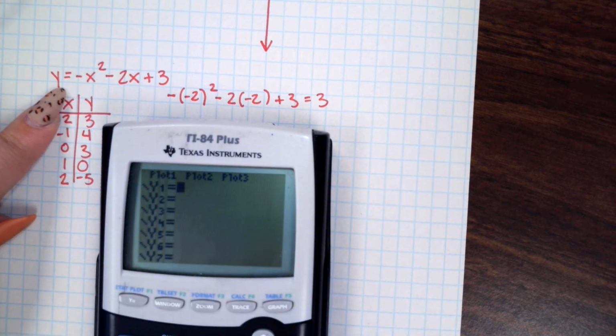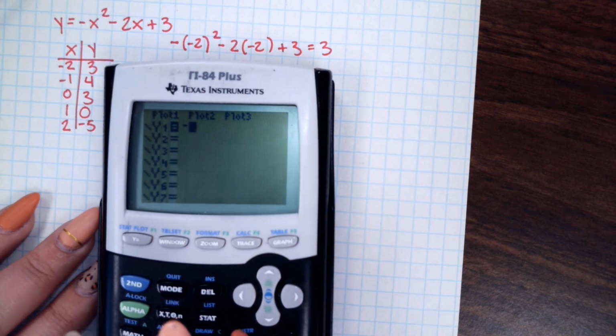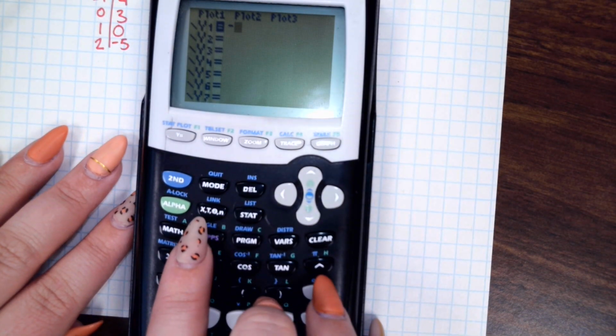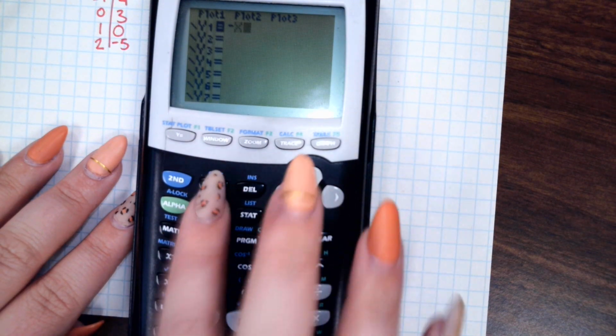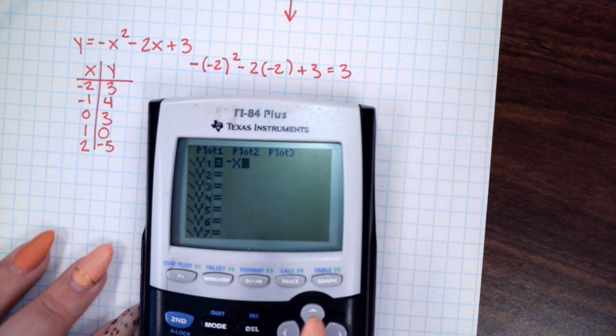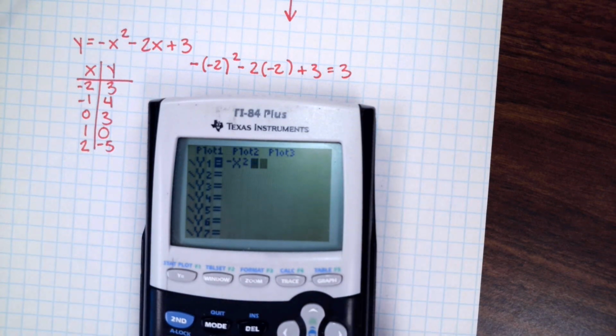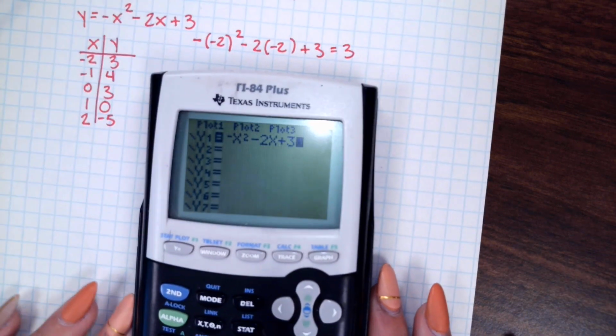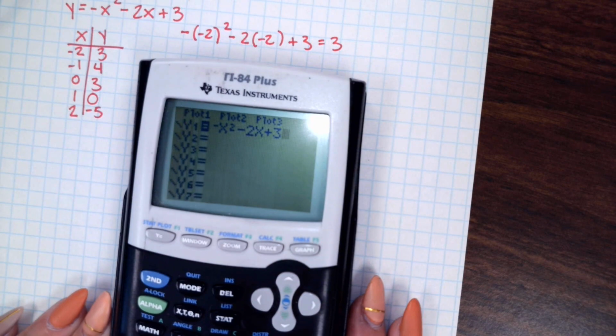So we're going to hit negative. And then to get an x, we hit this button here. It has an x, a t, right there. That will give you an x. And then we want squared minus 2x plus 3. So you should plug that into your calculator.